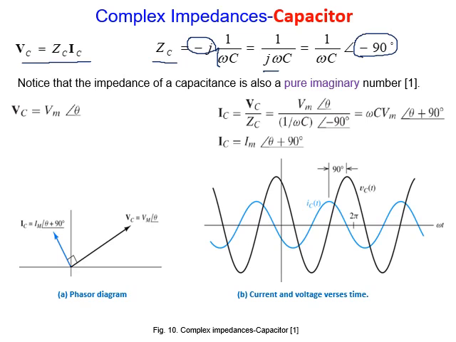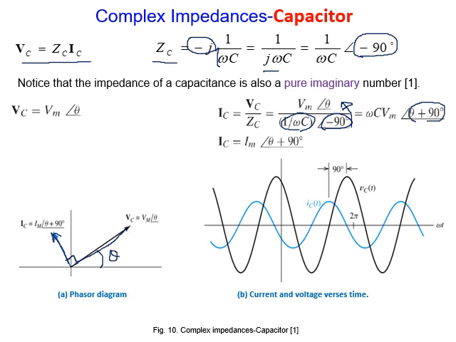Now, if I divide VC over ZC, you see here, Z is 1 over omega C, this is ZC, and the angle is minus 90. When I take it up, because of subtraction here, theta minus 90, it will be plus 90. If I plot it, this is the voltage. Let's assume this is the angle theta. When we plot it, we will find that I will lead the voltage by 90, because of plus 90.